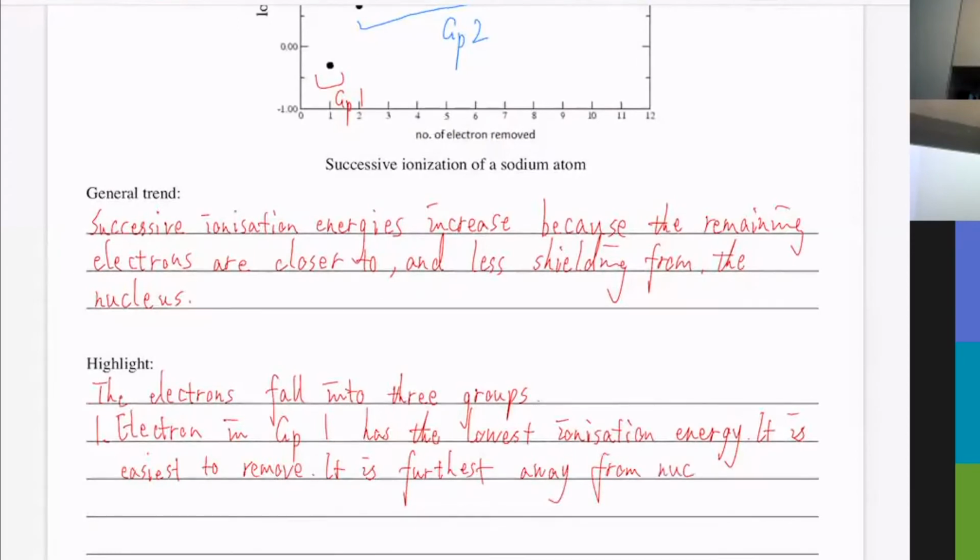It's far away from the nucleus, so a small amount of energy is needed.